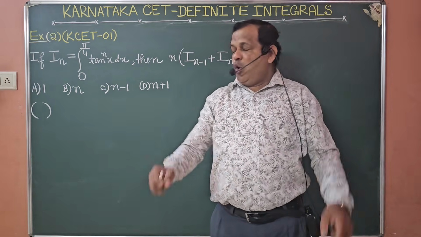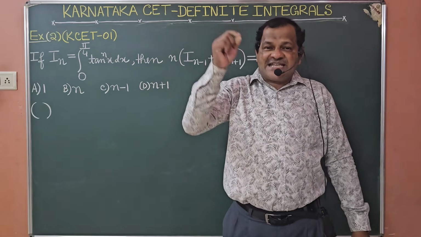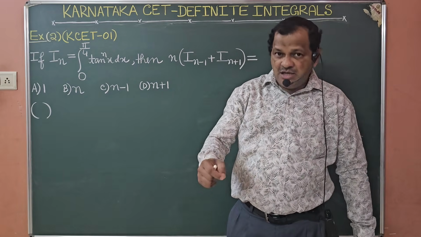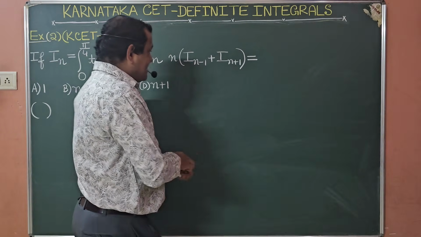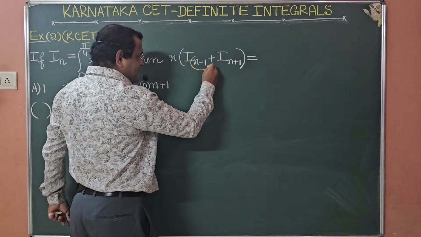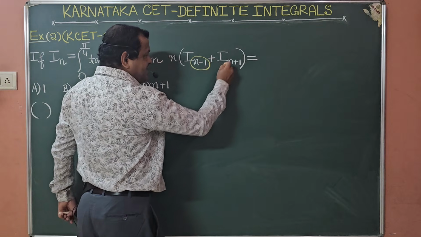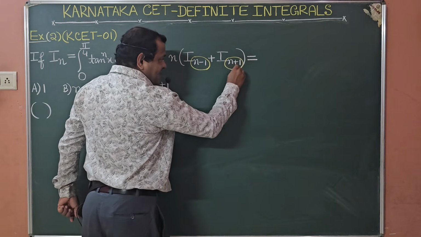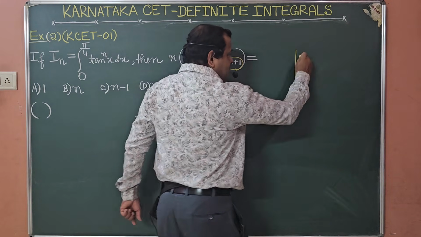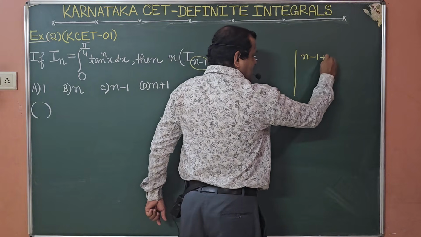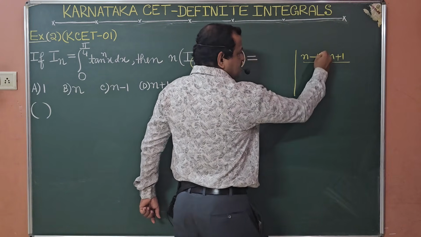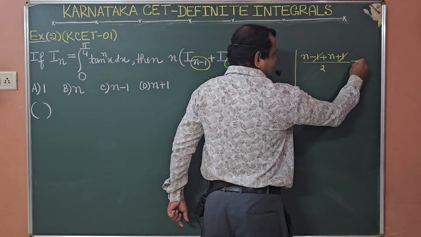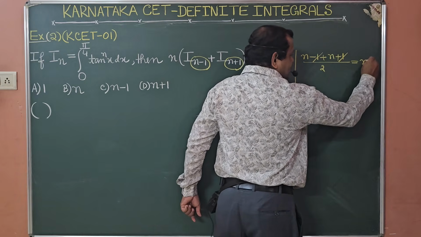Okay, fine. I hope you used the same short trick, and I will explain this short trick again. Take this suffix n minus 1 and this suffix n plus 1. Add both, n minus 1 plus n plus 1. Divide by 2. So minus 1 plus 1 cancelled. 2n by 2 is n.